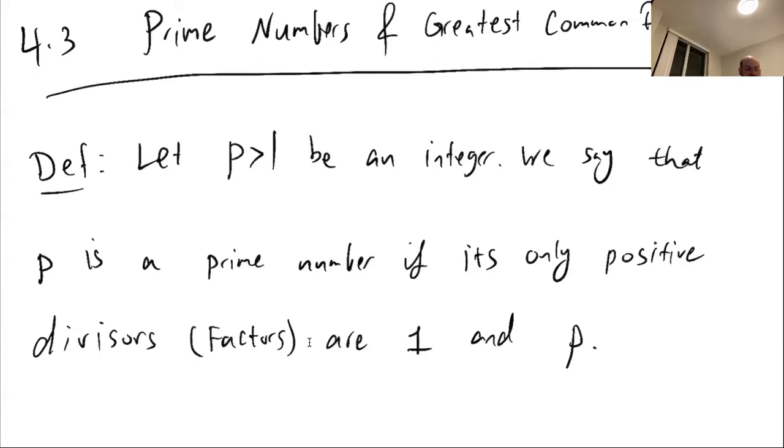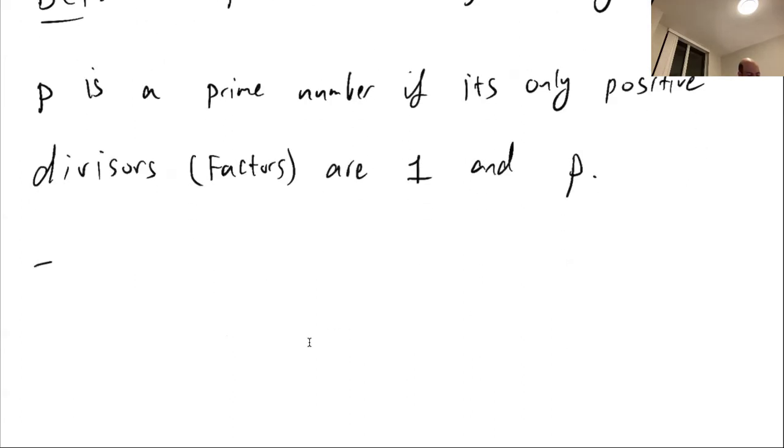Okay, so if a number has only two factors, 1 and the number itself, then that number is called a prime number. And of course, by definition and by convention, a prime number has to be positive. So for example, p equals 2. Is a prime number.